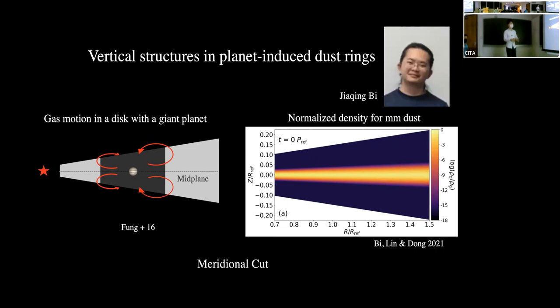Meridional circulation technically is only in the gas, but if dust is reasonably well coupled with the gas, meridional circulation can also drag dust together. The right panel shows a meridional cut of the dust density distribution. If there's no turbulence and no planets, then all the large dust particles are expected to settle to a thin layer at the disk midplane.